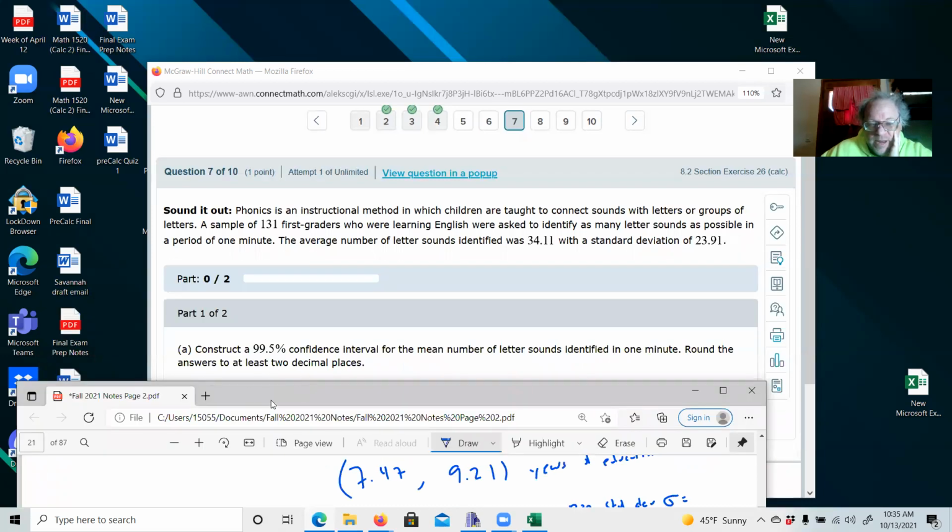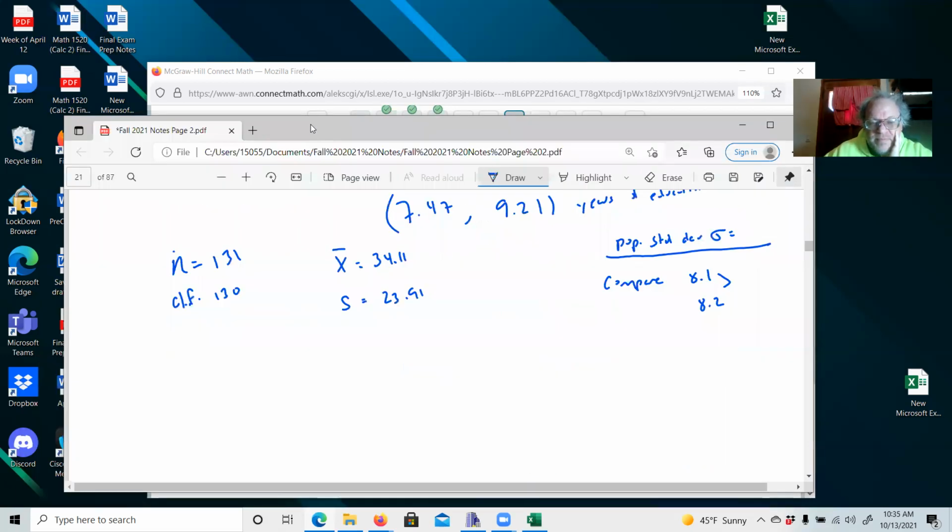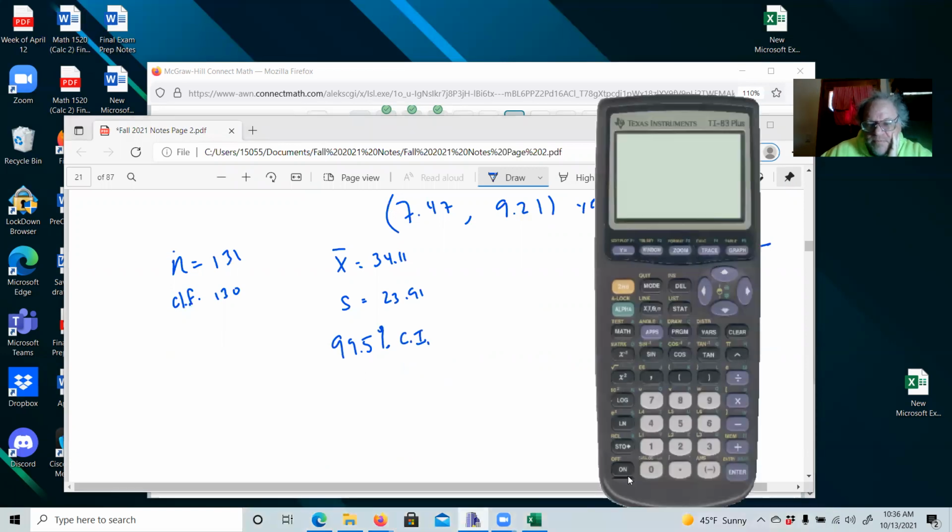All right, and they want a 99.5% confidence interval. So we plug this in. We're going to go to stat, tests, down to T interval, and we're going to use that. Where we have stats, we have a bunch of descriptive statistics. So our average was 34.11.